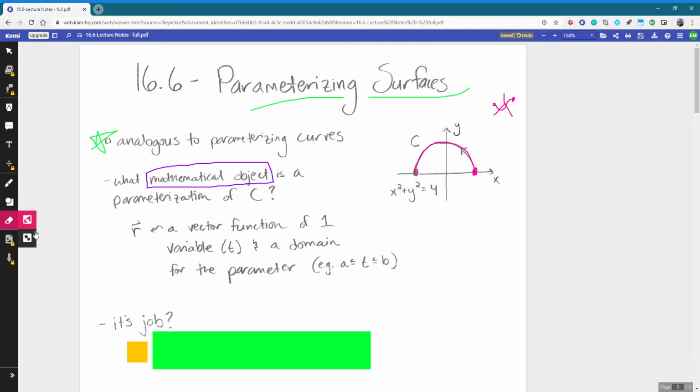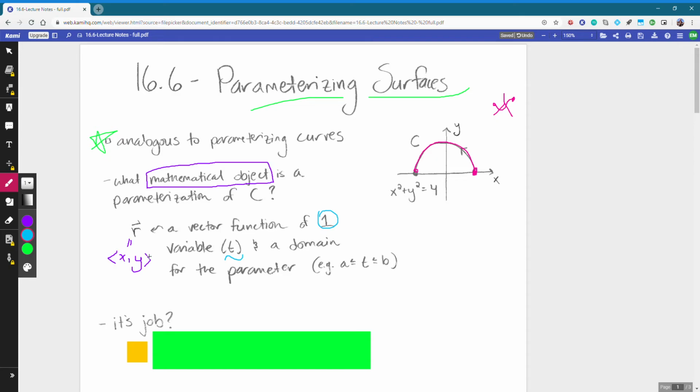If we're in the plane here, it's got two components. And each of these components is going to be a function of one variable. We often call it t, but that might take a different form depending on the curve. We might have theta as our parameter, we might have y as our parameter, etc. But it's a vector function.